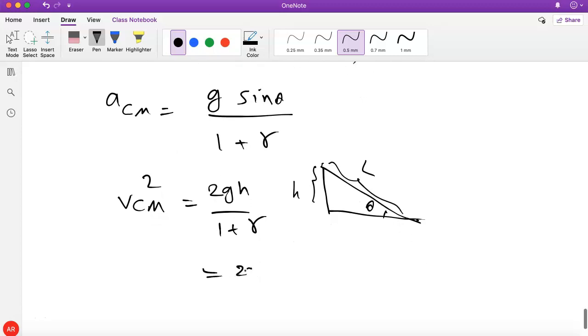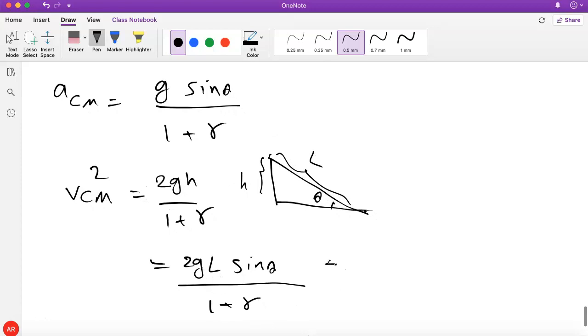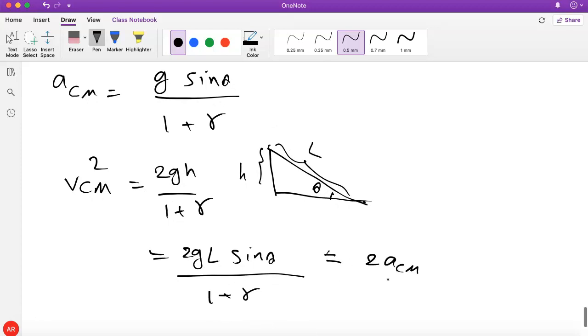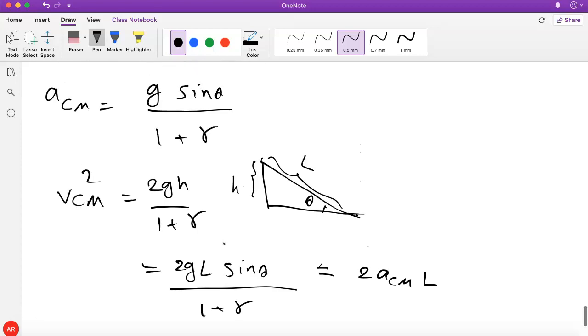So this is 2gL sine theta over 1 plus gamma, which is equal to 2 ACM that we found times L. And these are consistent, right?